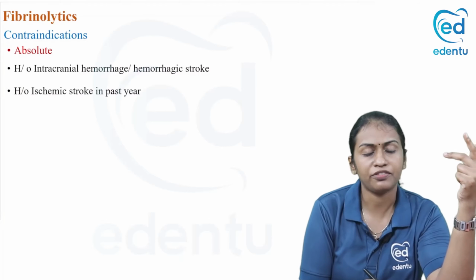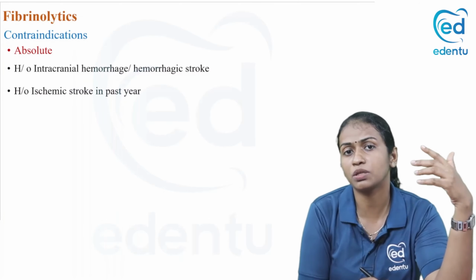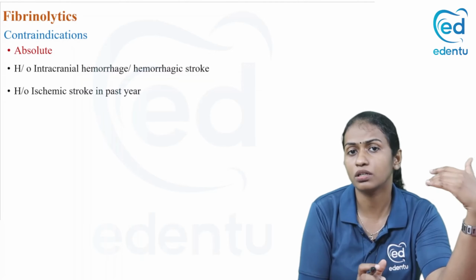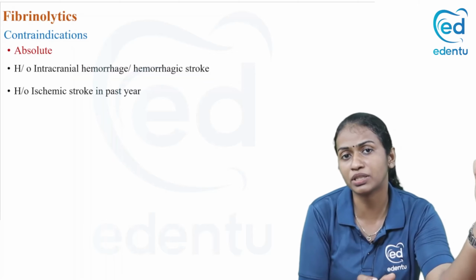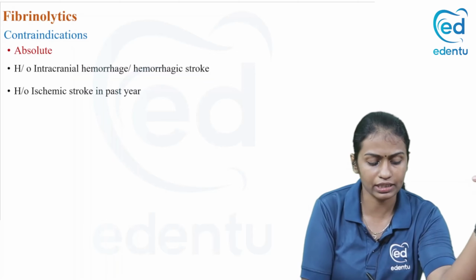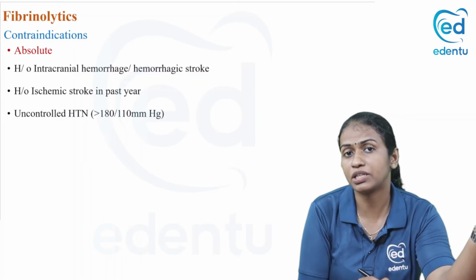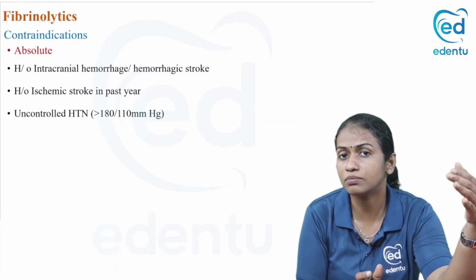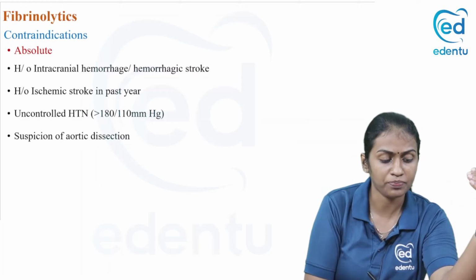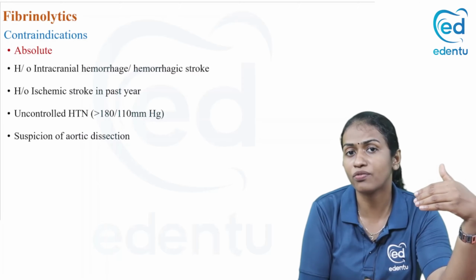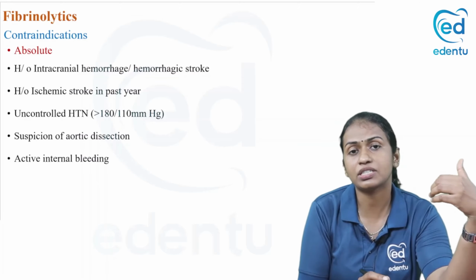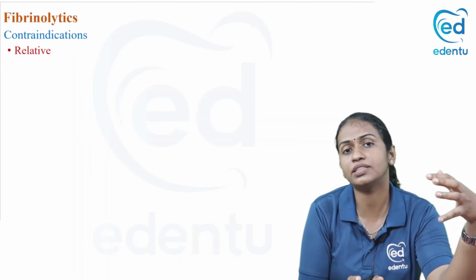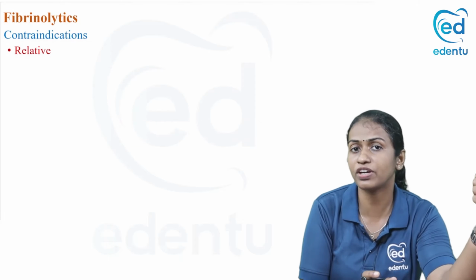If there is a history of ischemic stroke in the past 1 year, there is a chance of rebleeding or conversion of an ischemic stroke to hemorrhagic stroke if you give a thrombolytic agent. Uncontrolled hypertension, more than 180 millimeters of systolic BP or 110 millimeters of diastolic BP, suspicion of aortic dissection, or active internal bleeding like GI bleeding are all absolute contraindications for fibrinolytics.